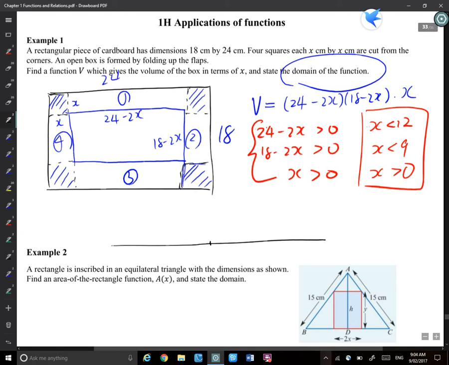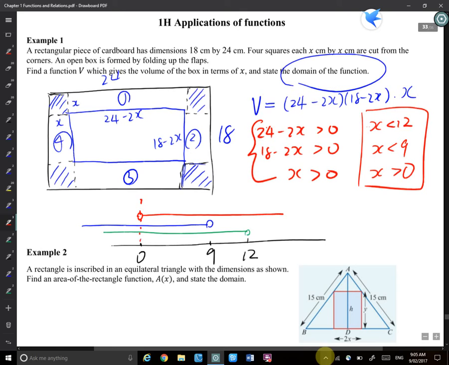Okay, so we have 0, 9, and 12. I have x smaller than 12, which is here. X smaller than 9, which is here. And x greater than or equal to 0, which is here. Which part is the common part?